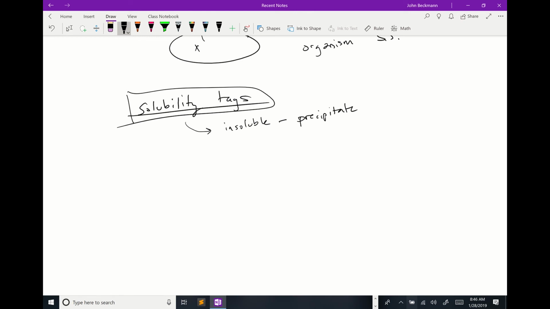One of these tags we often use is ubiquitin. What's ubiquitin? We've heard this before, I think. It's a 7 kilodalton peptide modification, and ubiquitin is one of the most soluble proteins you can find.